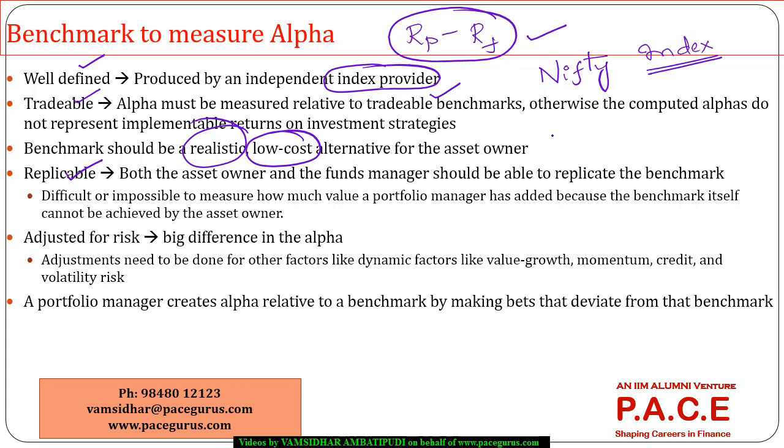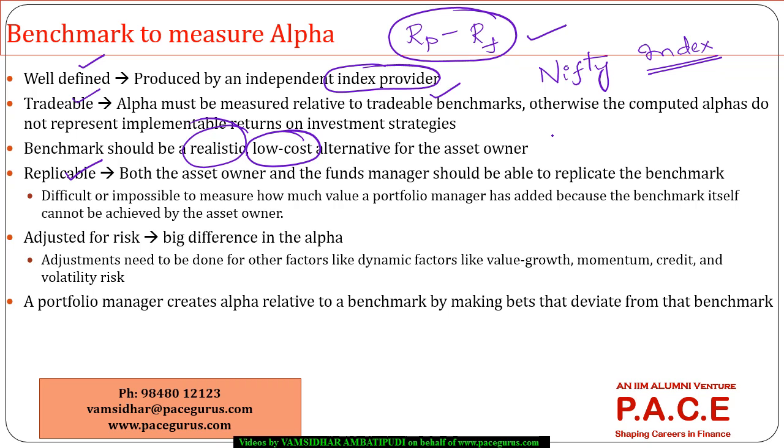Because only in that case can I quite comfortably measure the value that the portfolio manager has added. If I cannot replicate the benchmark, I cannot explain the deviation from the benchmark that has been obtained by the portfolio manager. So whatever benchmark we set, it should be replicable.